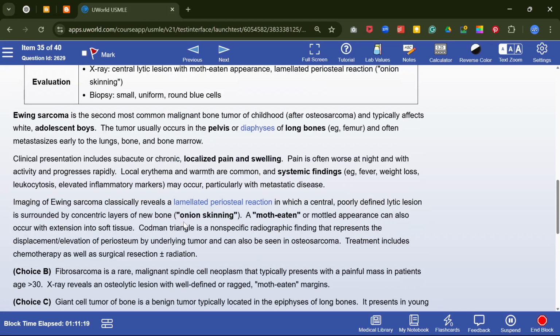But in this stem, it is in the diaphysis of the distal femur and moth-eaten. These two features point to Ewing sarcoma.